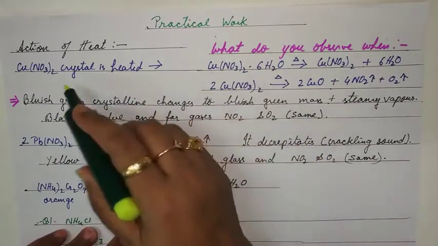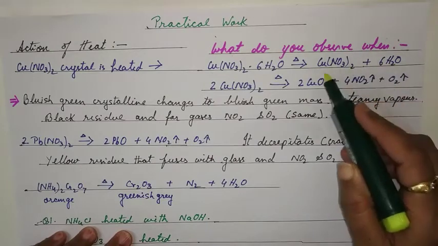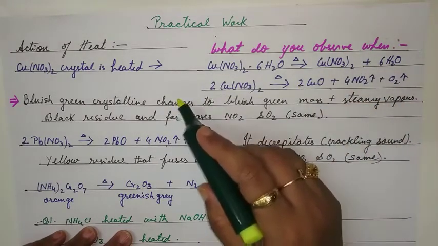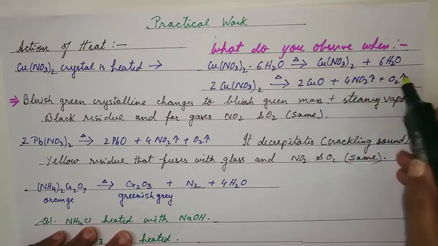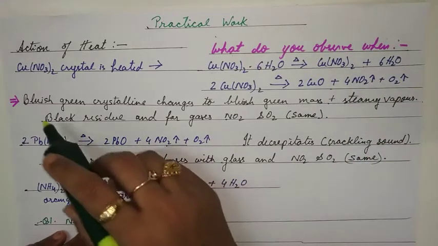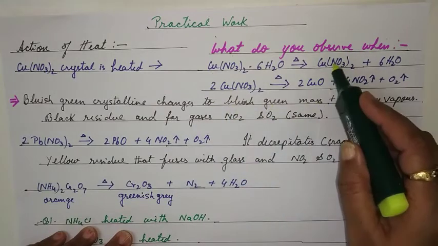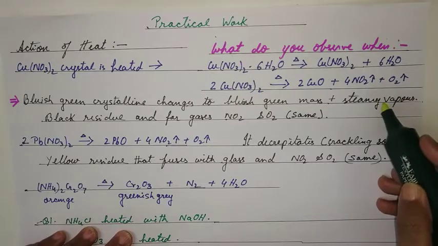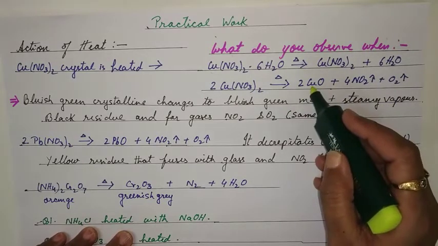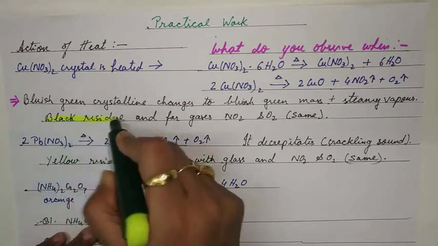When copper nitrate crystals are heated, you get copper nitrate and 6 water, as I told just now. On strong heating, copper nitrate will give you copper oxide, nitrogen dioxide and oxygen. So a bluish green crystal changes to bluish green mass, copper nitrate, and steamy vapor, we spoke about it just now. Copper oxide, black residue.